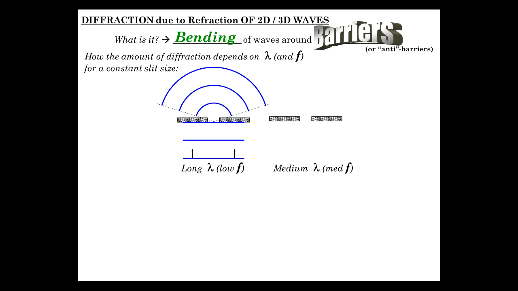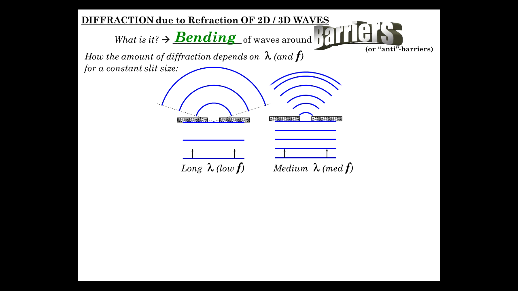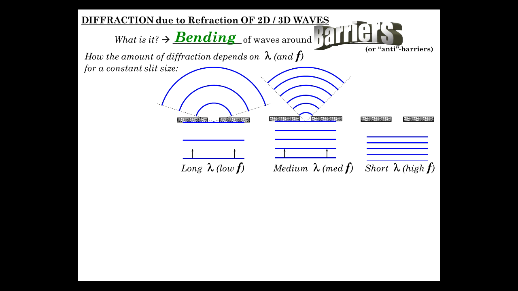So let's do a medium wavelength, something like this, and let's pass it through, and the results we see look something like that. So we see considerable bending, but less than before. Notice we don't have any energy out here, so it didn't get bent as much. And then even a shorter wavelength or higher frequency looks like this.